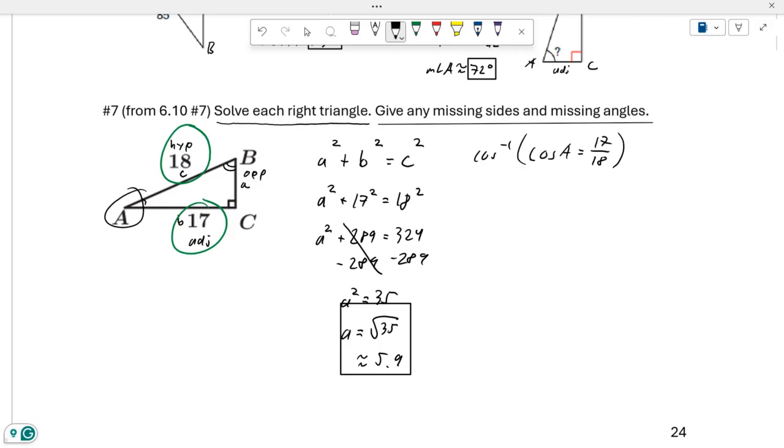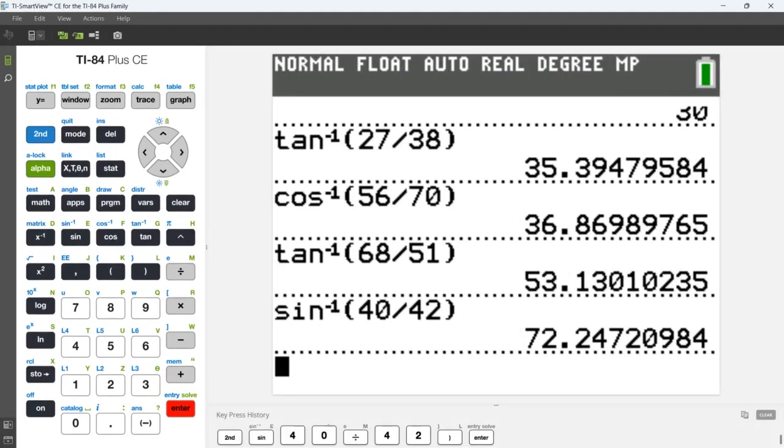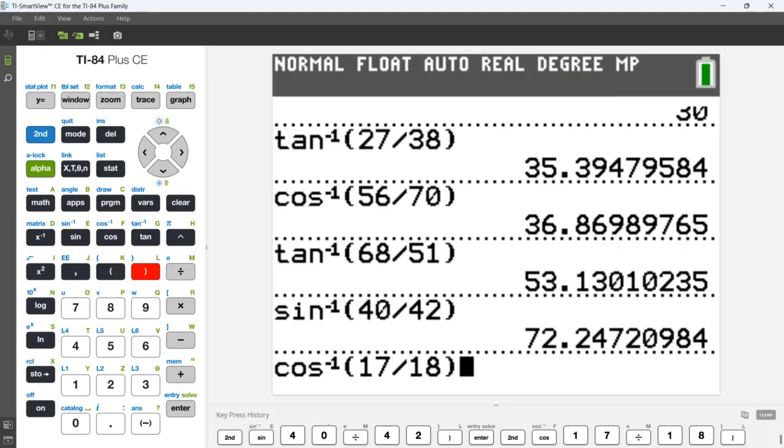Cosine inverse and cosine cancel, so I'm left with A equals the inverse cosine of 17 over 18. I don't know what that is, so I'm going to go to my calculator and say cosine inverse of 17 over 18.